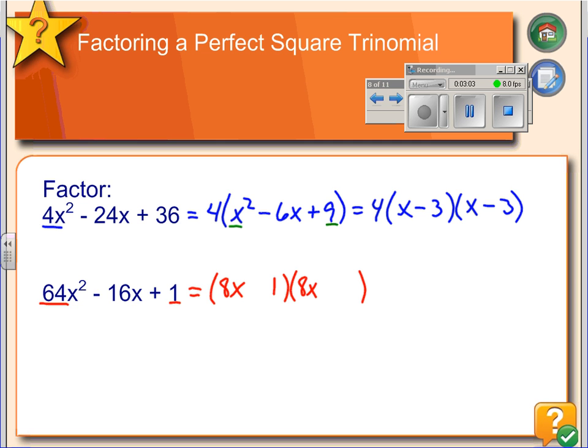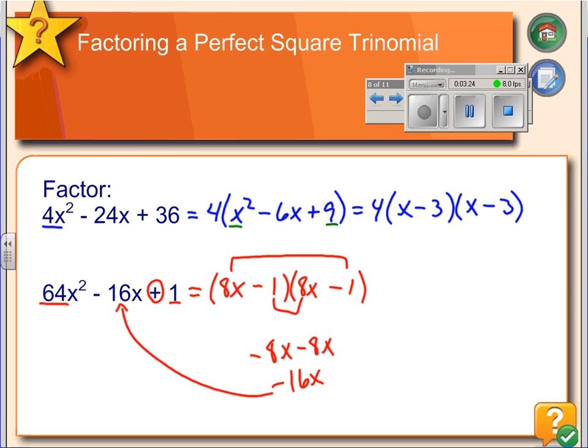The square root of 1 is 1. And if we multiply a negative times a negative, we'll get the positive 1 here. And when we multiply outside, we get negative 8x. Inside, negative 8x. That adds up to our negative 16x, which is the middle term.